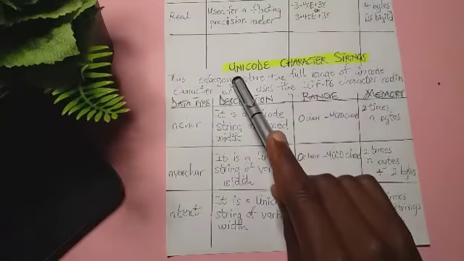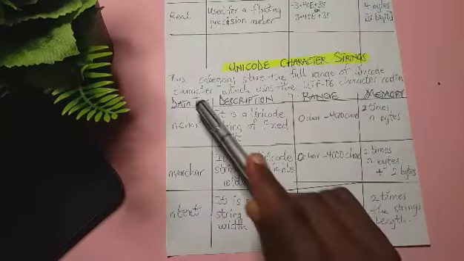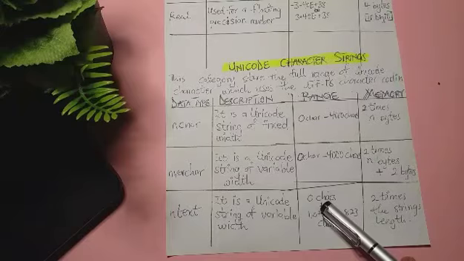We have the Unicode character data type, and this category stores a full range of Unicode characters which use the UTF-16 character coding. And we have the nchar, which is a Unicode string of fixed width.